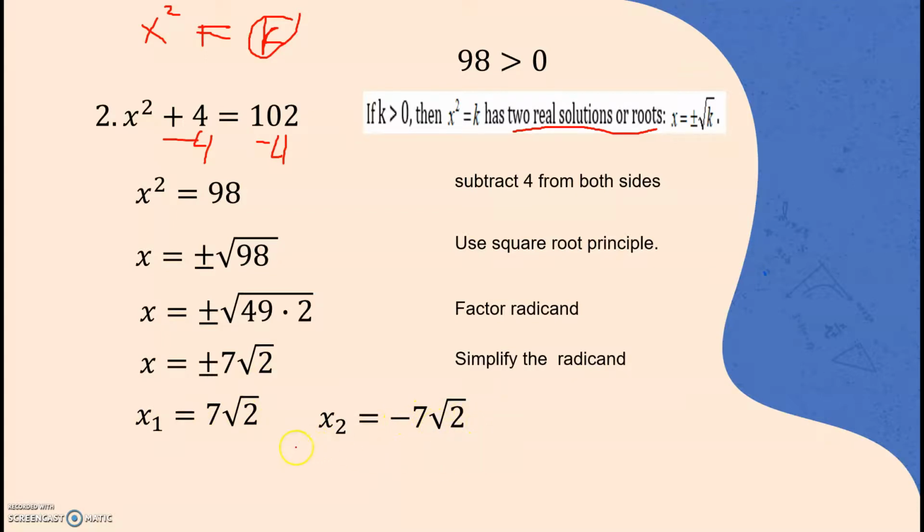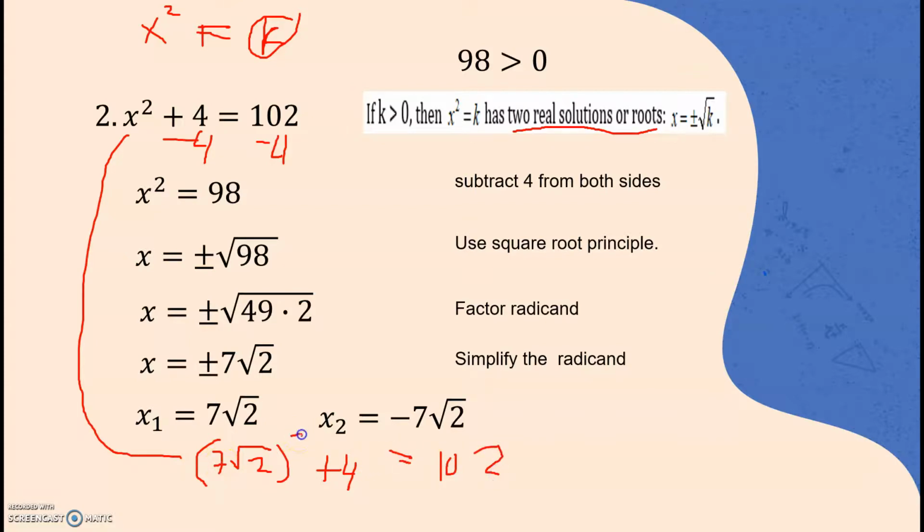Now, for the checking part, you do it by yourself, okay? I have already checked it anyway. For the checking, you have to substitute it here. I'll show you just one. So, 7 square root of 2, squared, plus 4 equals 102.